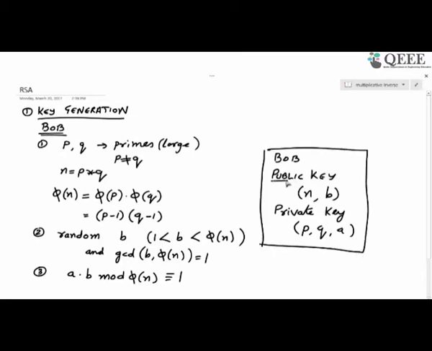He creates the public key and the private key. As I've mentioned earlier, this private key is kept secret. That is, this tuple p, q, and a is kept secret, while the public key comprising the number n and the choice b is made public.